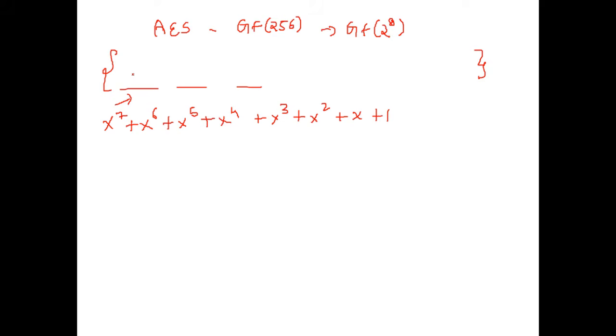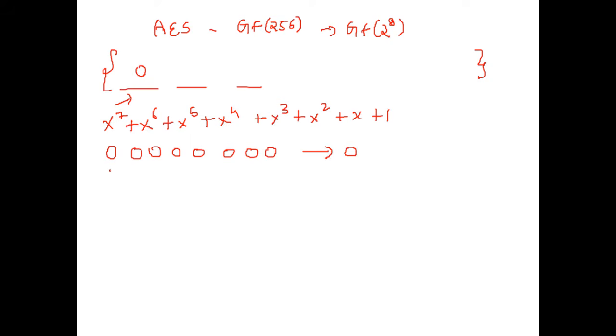So when you talk about the first element, it's represented as 0 0 0 0 0 0 0 0. It's an 8-bit element where everything is a 0. So when everything is a 0, you're not going to have any terms here. All the terms will be a 0. So the first element is a 0.